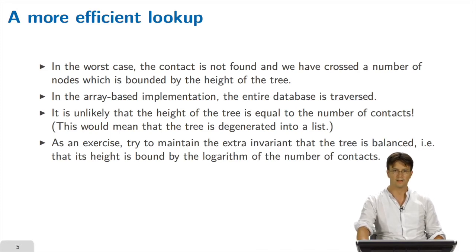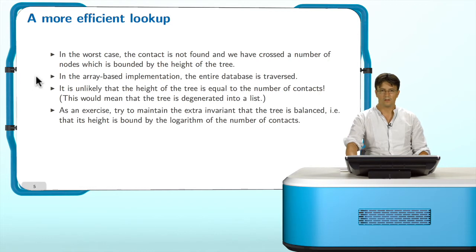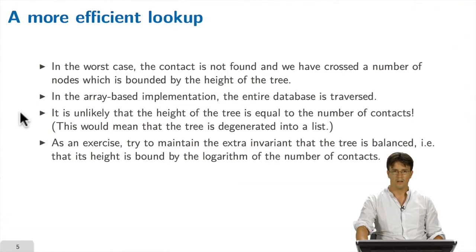In the worst case, this function is unable to find the contact you're looking for, so it has to traverse the whole tree from the root to the leaves. So the number of nodes that we will cross along that path will be bounded by the height of the tree. In contrast, in the array-based implementation that we did last week, we had to traverse the entire database. It is unlikely that the height of the tree is equal to the number of contacts.